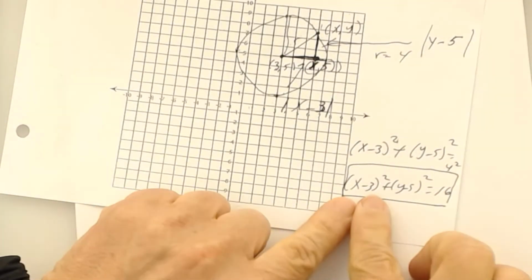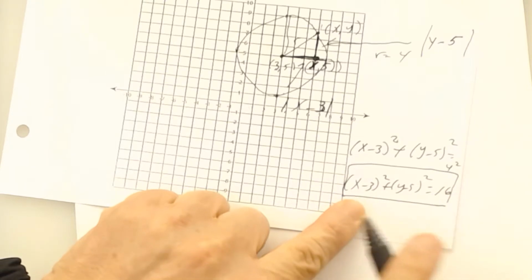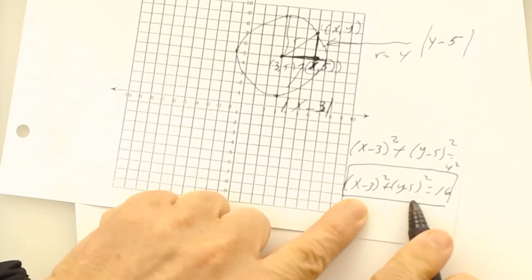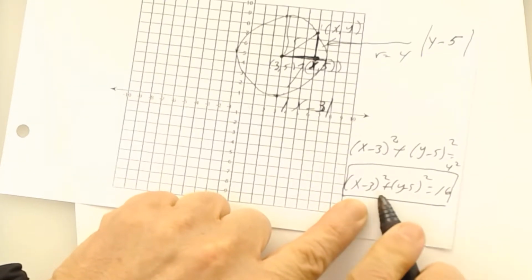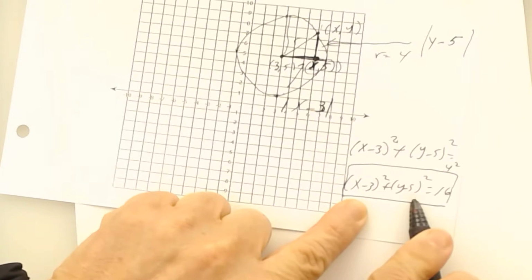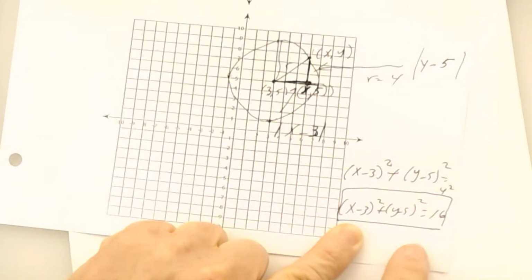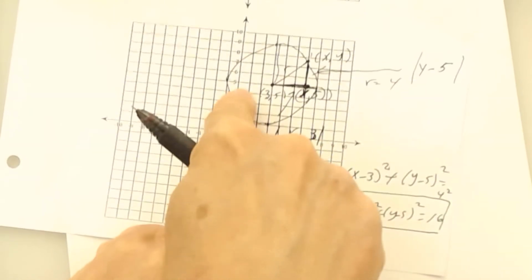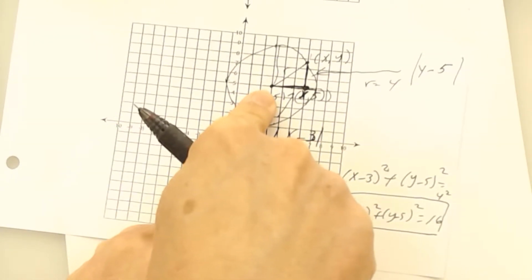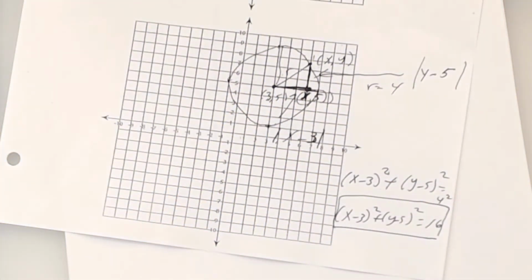Notice right here, you see this 3 and this 5? What numbers were those? That was the x and y of the center. So the center is involved in the formula, right?